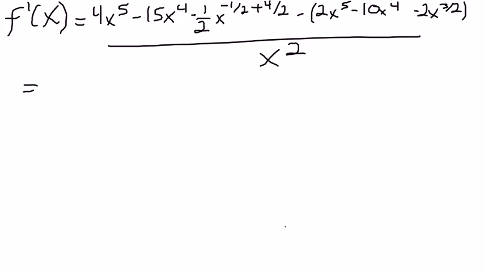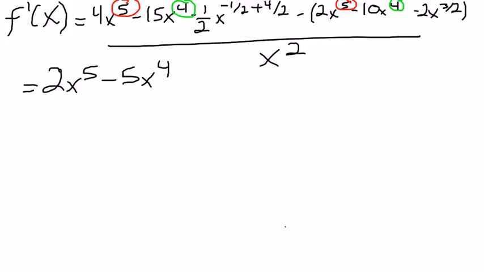So what's going to happen is that you see that we have some common powers here. That means we can simplify this. So that's going to leave us with 2x to the power 5 minus 5x to the power 4.